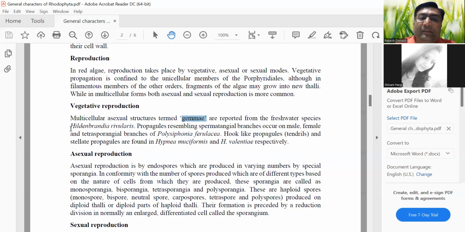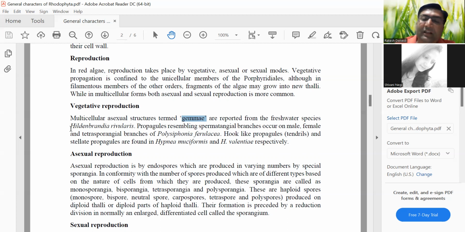Propagules resembling the spermatangial branch occur on male and female and tetrasporangial branches of Polysiphonia. They also form propagule-like structures, meaning structures which we cannot define whether they are formed from asexual or sexual reproduction. We consider them as gemmae, part of vegetative reproduction.